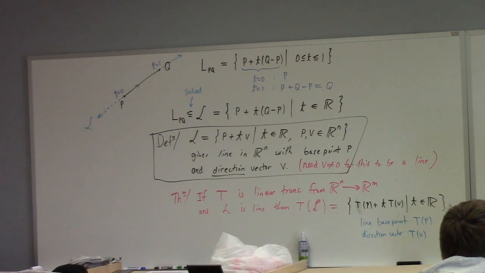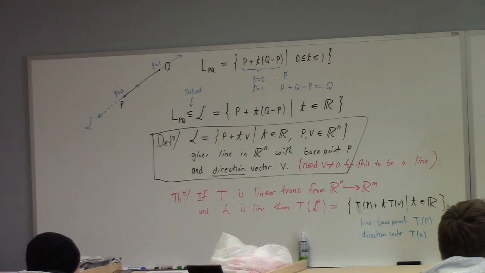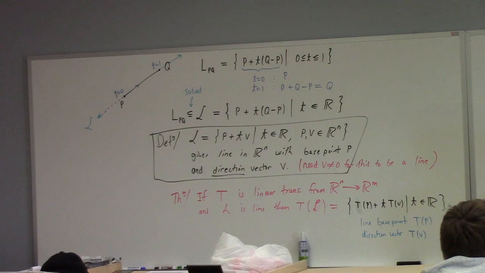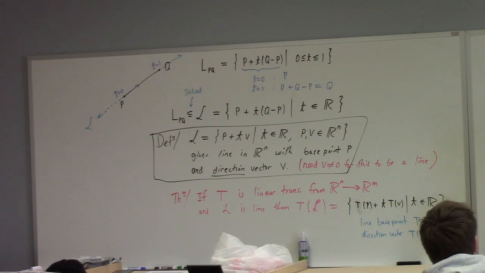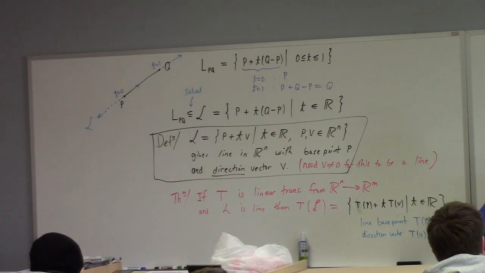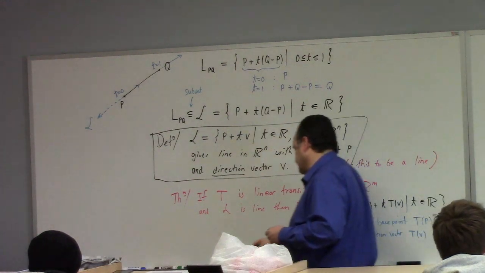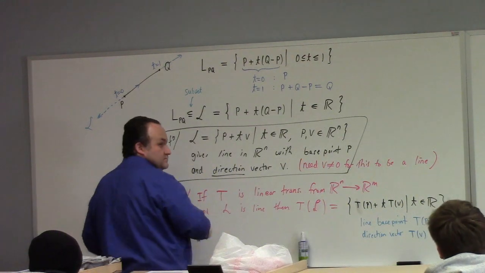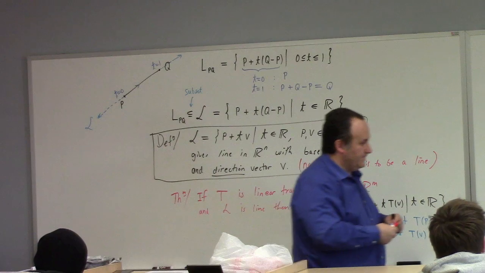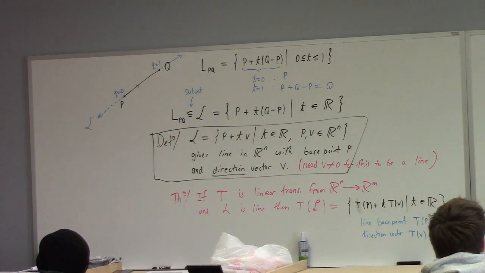So let's see what happens. Where does T of (0,0) map? Where does T of (1,0) map? Where does T of (1,1) map? Where does T of (0,1) map? You guys help me out here. T of (0,0) is still 0.